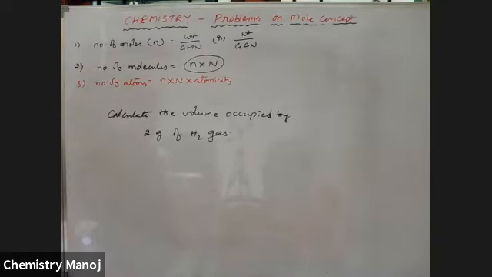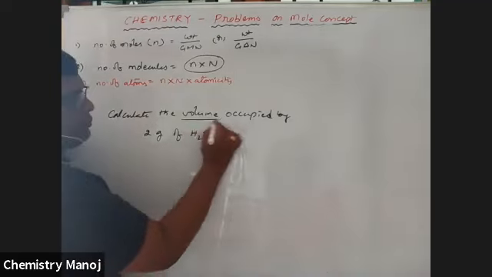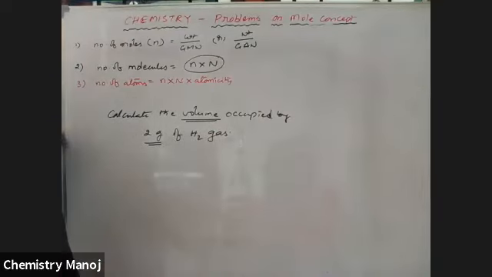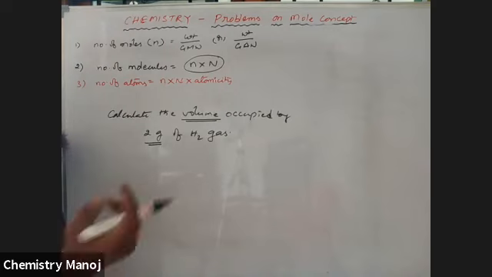Calculate the volume occupied by 2 grams of hydrogen gas. So you want to calculate volume. The given value is mass. The mass to volume ratio is either atomic weight or molecular weight equal to 22.4 liters.